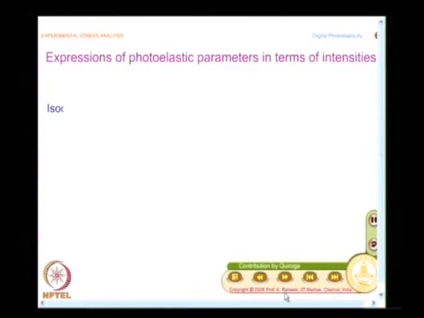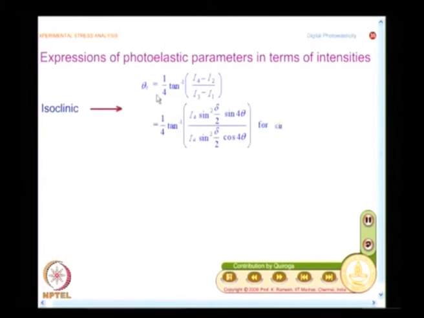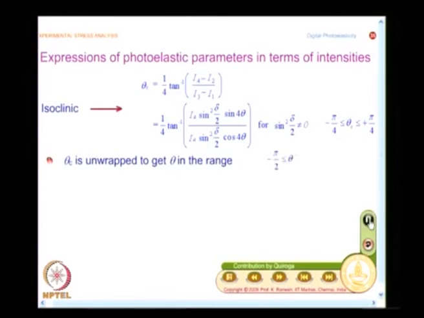Let us look at the expression. The isoclinic is determined as theta c equal to 1 by 4 of tan inverse of (I4 minus I2) divided by (I3 minus I1).